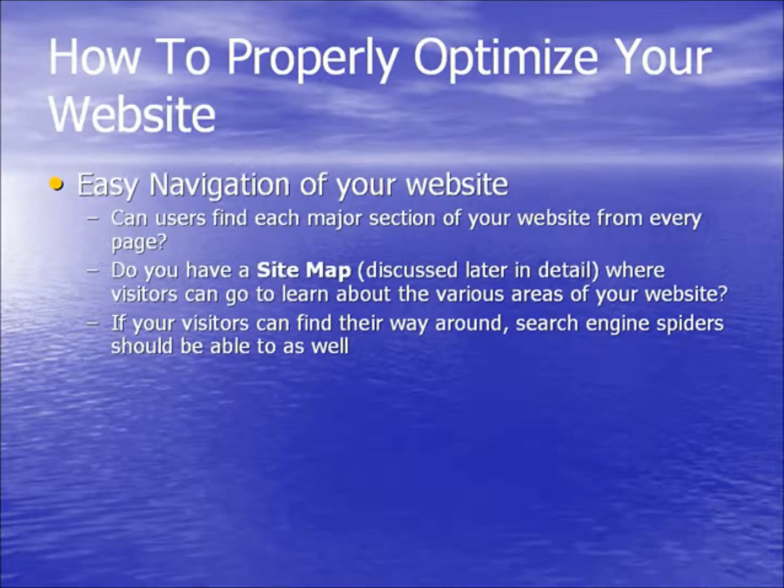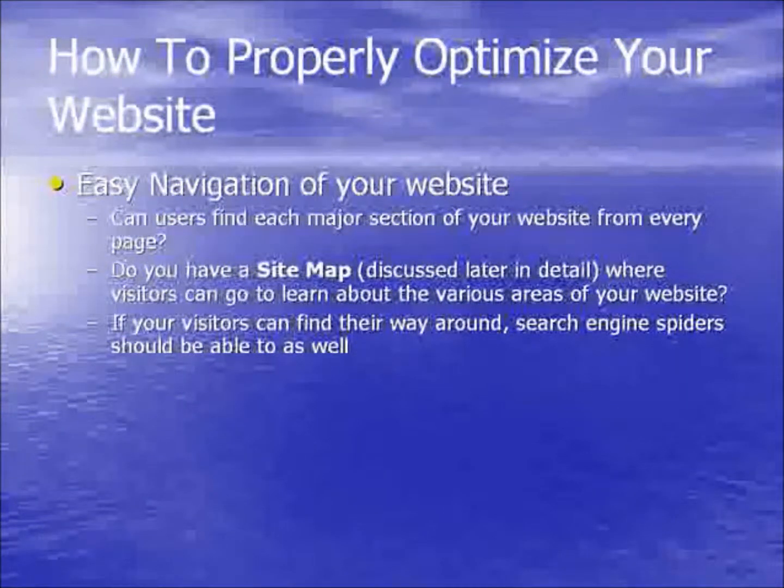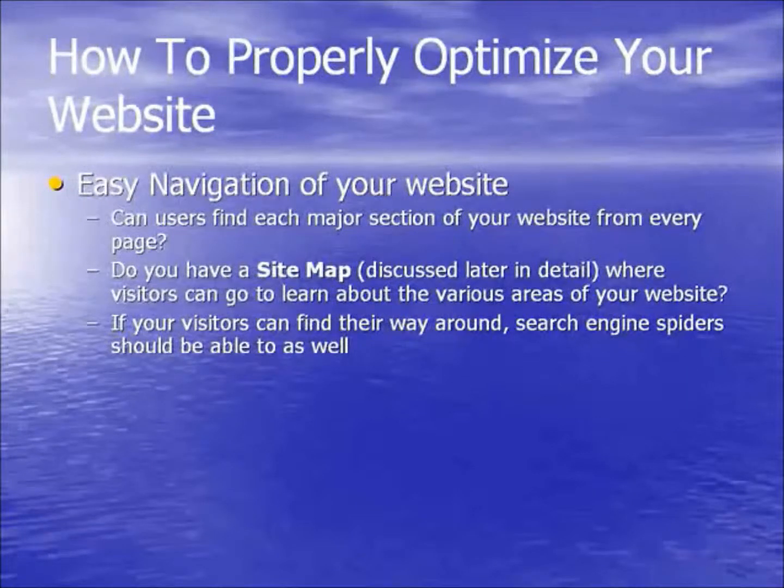Another thing which is quite often missed out in optimizing websites is the ease of navigation. The easier your site is to navigate, the more friendly it will be for people and the easier it will be for them to find what they are looking for. What most websites have these days, to give a general structure of the website, is a sitemap. A sitemap basically is a tree structure of the whole website. It shows where each link leads you to.